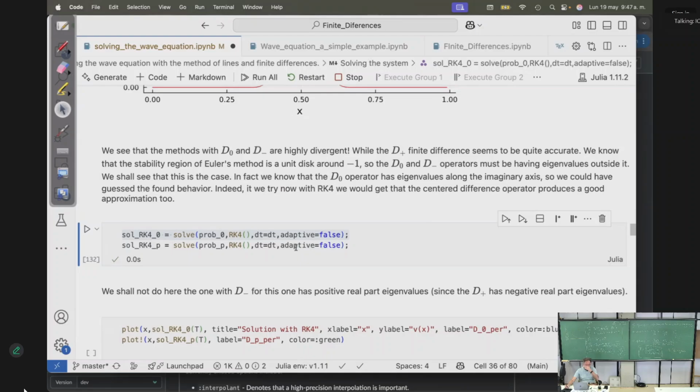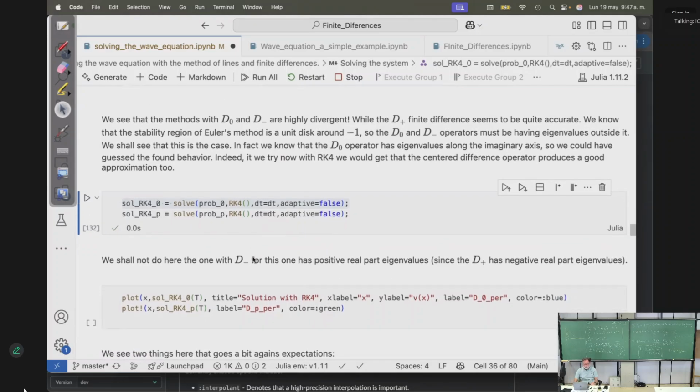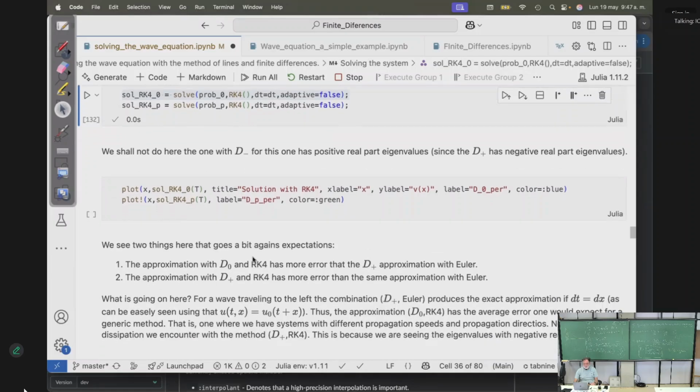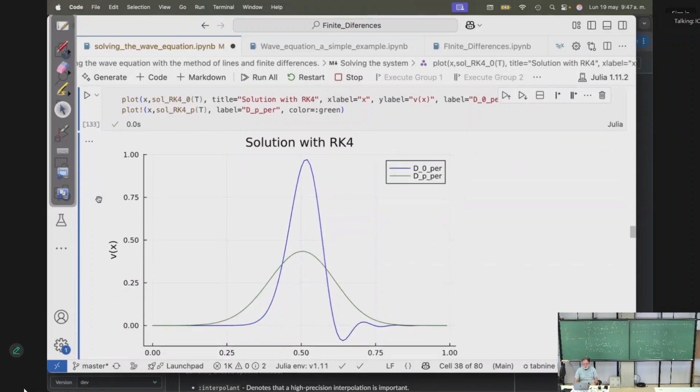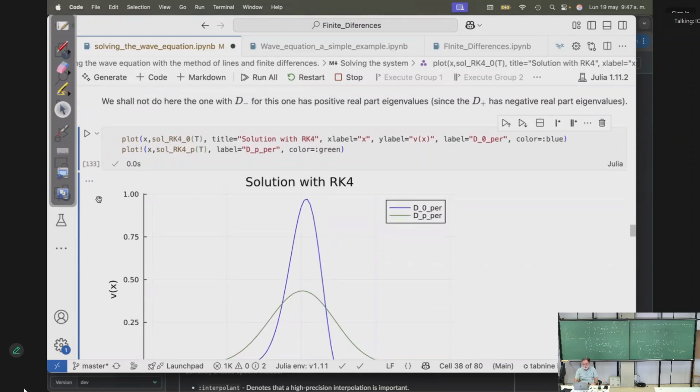In general we can leave it, but for this proof it's better to have the dt fixed, so that we know how much it is. And here are the solutions for one time step.